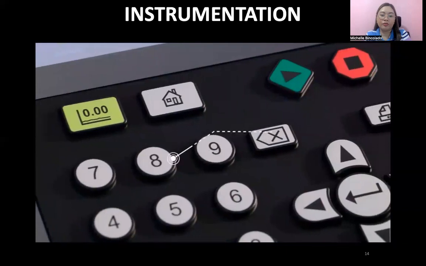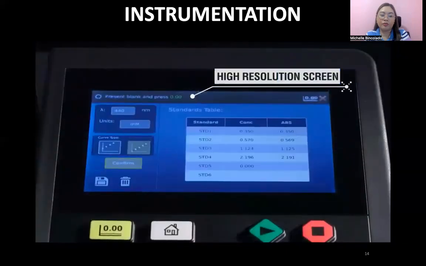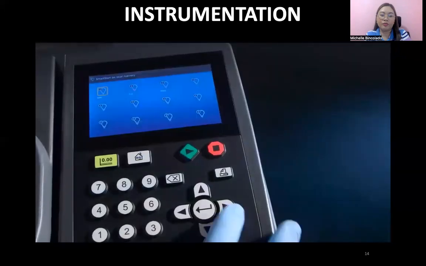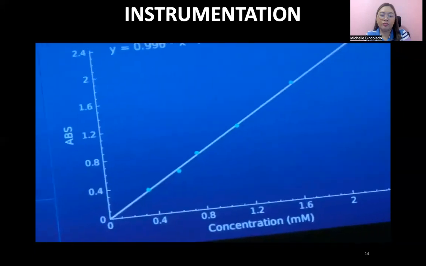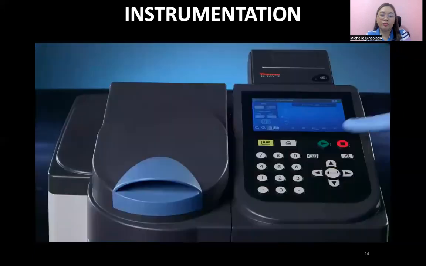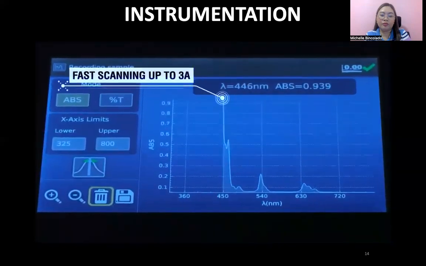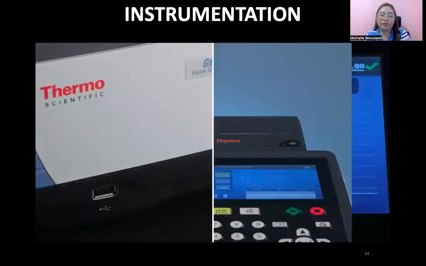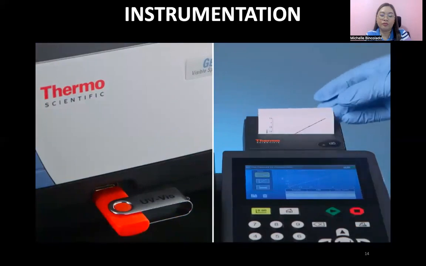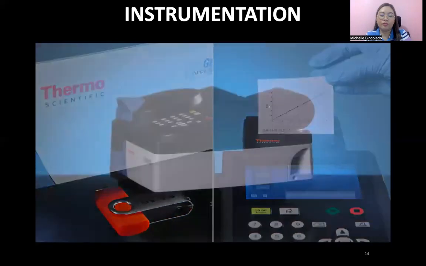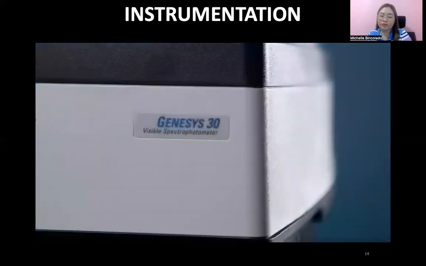Our heavy-duty rubberized keyboard delivers at-a-glance simplicity, and our high-resolution screen is bright, crisp, and easy to read. The built-in Smart Start feature gives you instant access to your favorite methods. 6-point quant sampling means improved data accuracy. For labs that need to scan, Genesis 30 delivers fast, accurate data for peaks up to 3A. Plus, Genesis 30 makes it easy to report your data. Save a data file to a USB memory stick or print it on the optional Snap-on printer. Don't settle for less. Choose the spectrophotometer that delivers more, the Genesis 30.